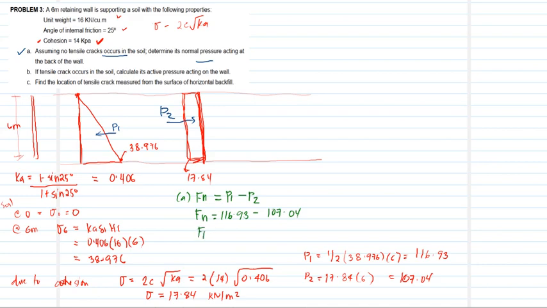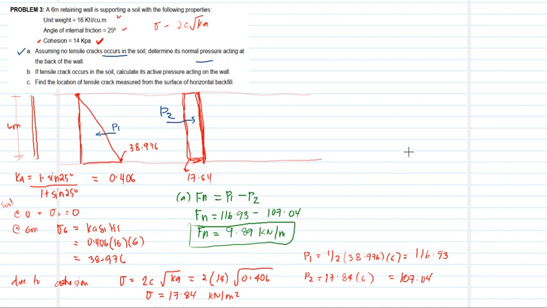So, ang magiging normal pressure natin acting at the back of our wall is equal to 116.93 minus 107.04, 9.89 kilonewton per meter length of the wall. So, ito yung magiging sagot natin for letter A.